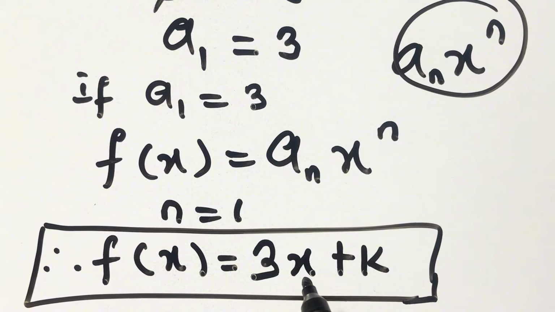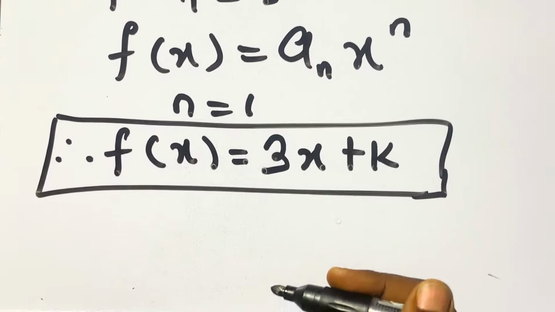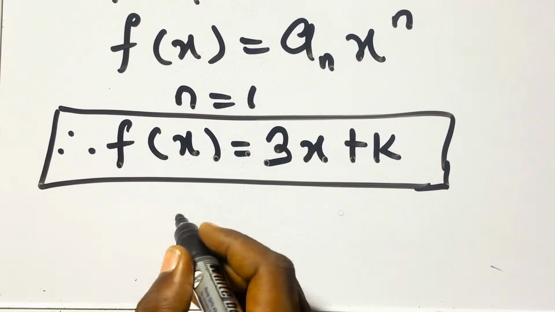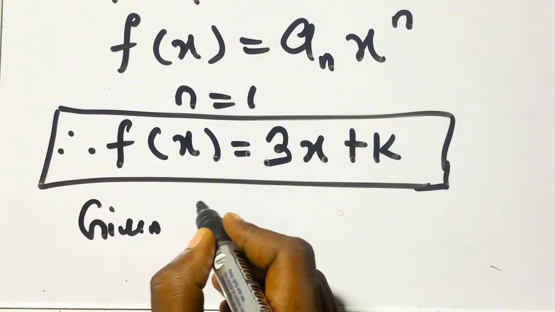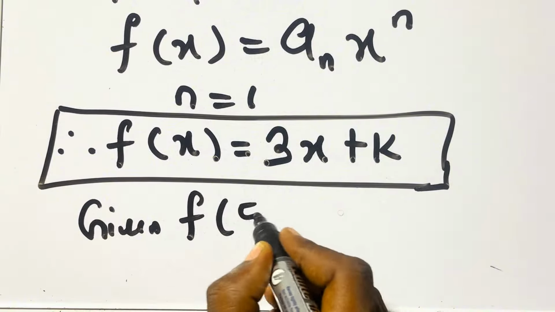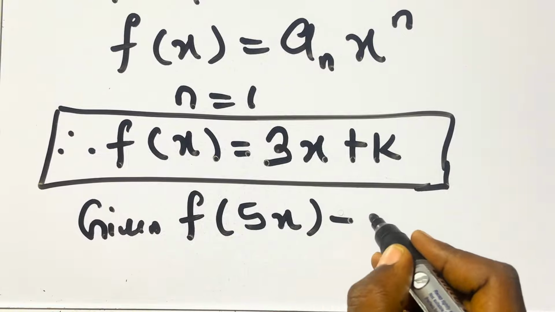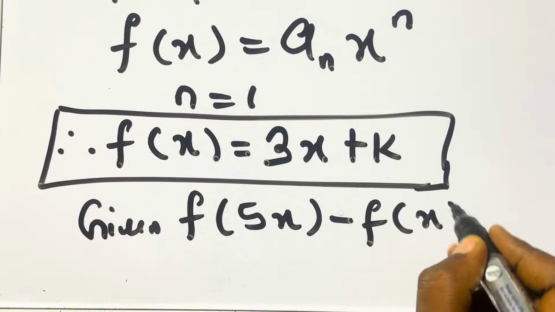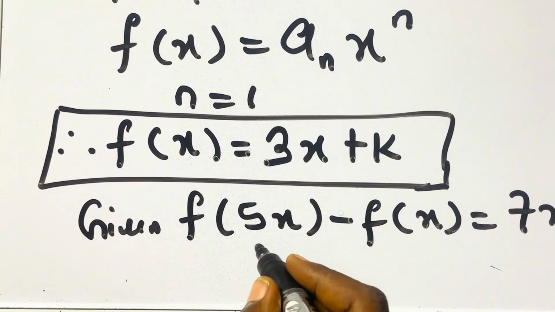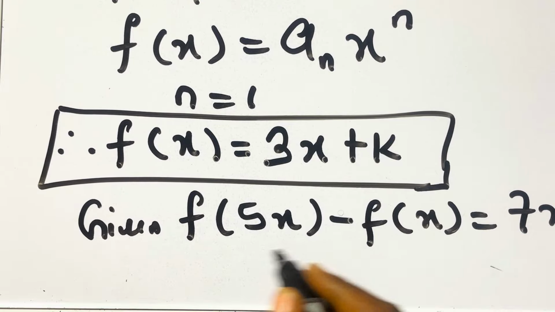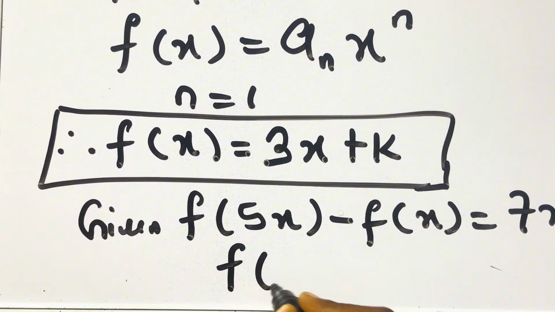However, you can also help me try to solve this and drop your answer in the comment section. Given f(5x) minus f(x) equals 7x, solve for f(x).